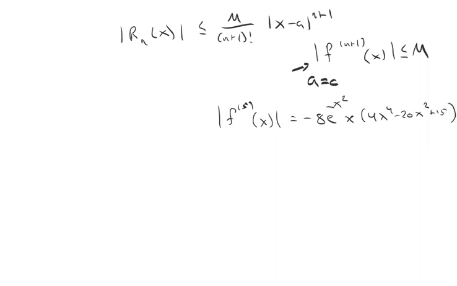And then we're going to evaluate this at our point of interest. So if they're asking us to approximate, I think it was 0.16, we would just put 0.16 everywhere we see an x, and then we'd take the absolute value of it. And we'd see how large that is, and we can call that our M.